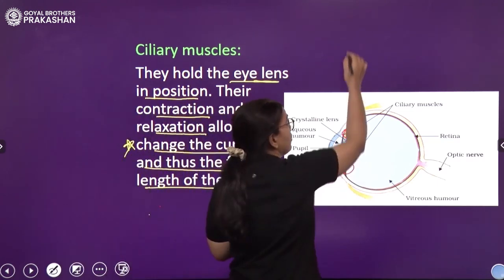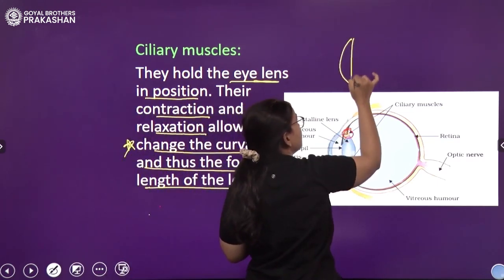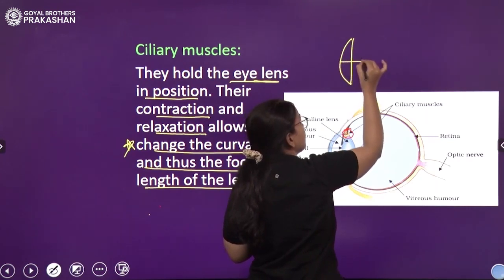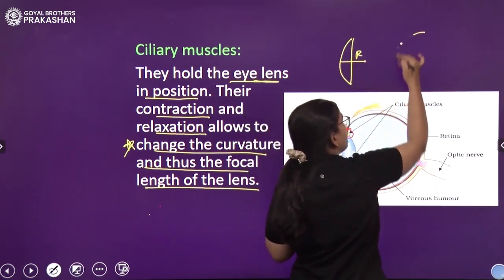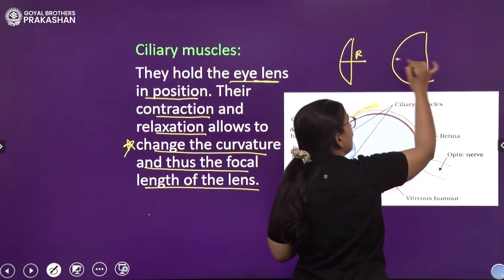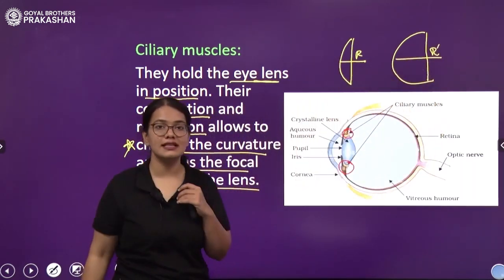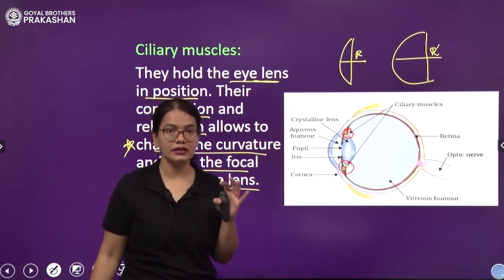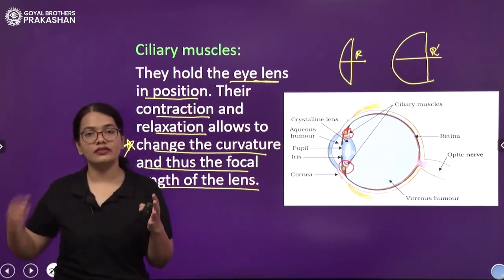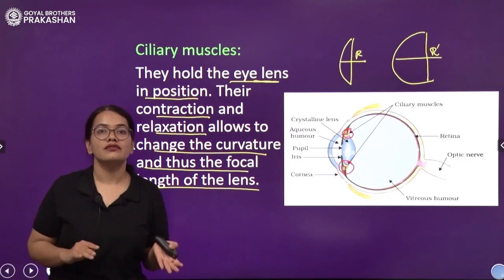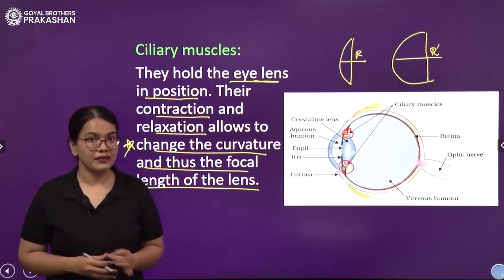In the chapter of light, you have studied that if this is a lens, it will have some particular curvature, let's say R. And I have a different lens which is like this. It will have its own curvature R dash. Now, the focal length of these two lenses is different. And if the focal length is different, obviously the image formation, the size of the image, will also change.